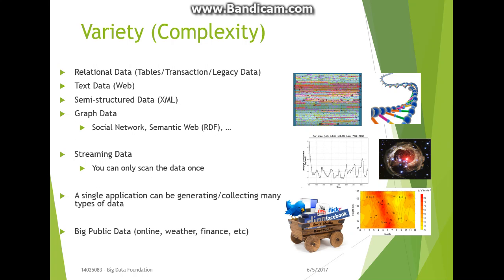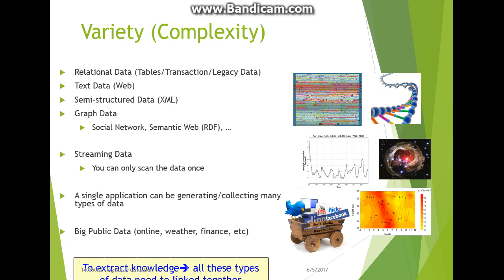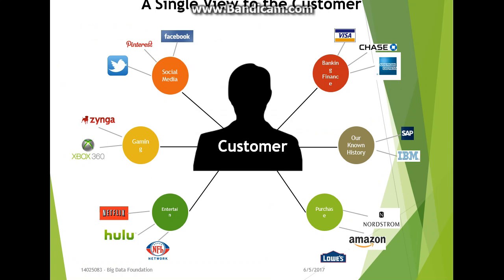We also have big public data such as online, weather, and finance data, and many other things. To extract knowledge, all of these types of data need to be linked together, and this gives a single view of the customer.